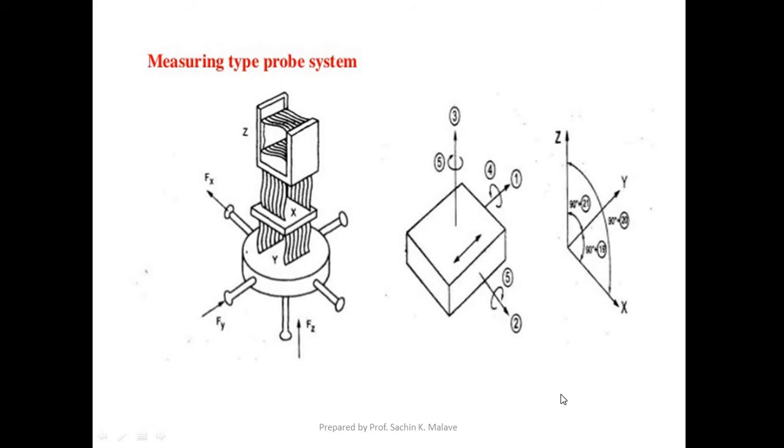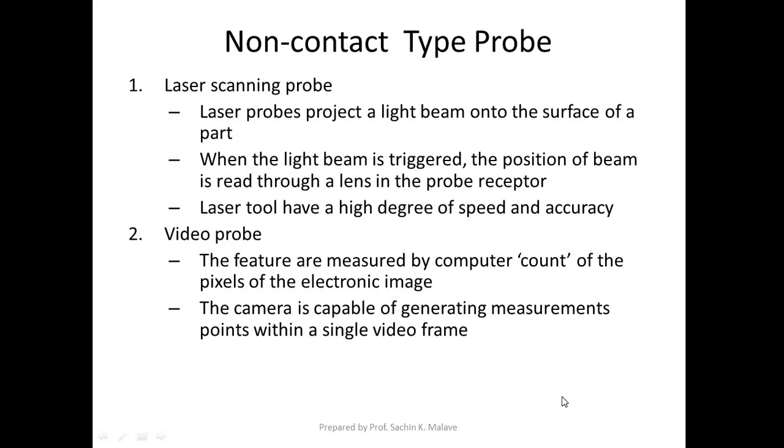So this was as far as the contact type probes were concerned. Now, there are two types of non-contact type probes: the laser scanning probe and the video probe. In the case of the laser scanning probe, as I told you, there is no contact between the workpiece and the probe. Here the laser probes project a light beam onto the surface of a part.